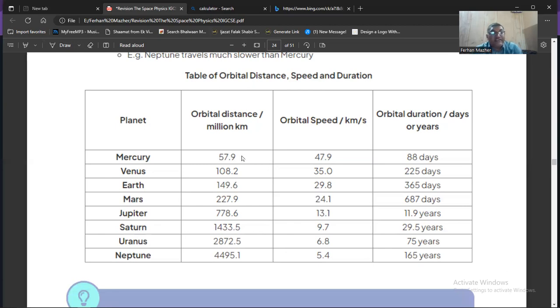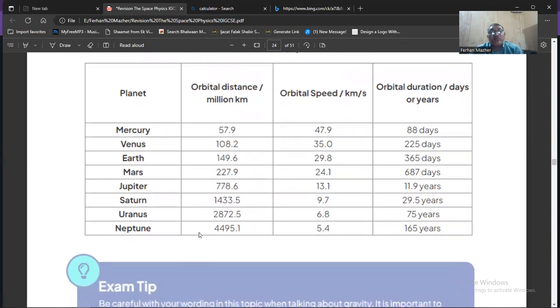Uranus's orbital distance is 2,872.5 million kilometers, its orbital speed is 6.8 kilometers per second, and it takes 75 years to orbit. And Neptune's orbital distance is 4,495.1 million kilometers. Its orbital speed is 5.4 kilometers per second, and its orbital duration is 165 years.